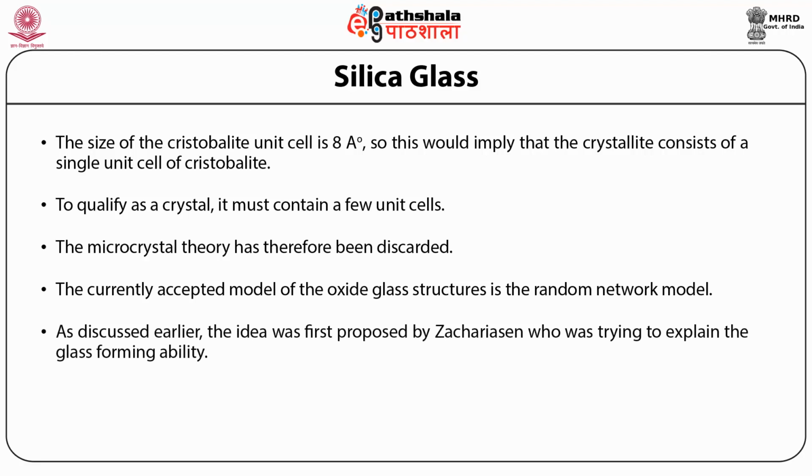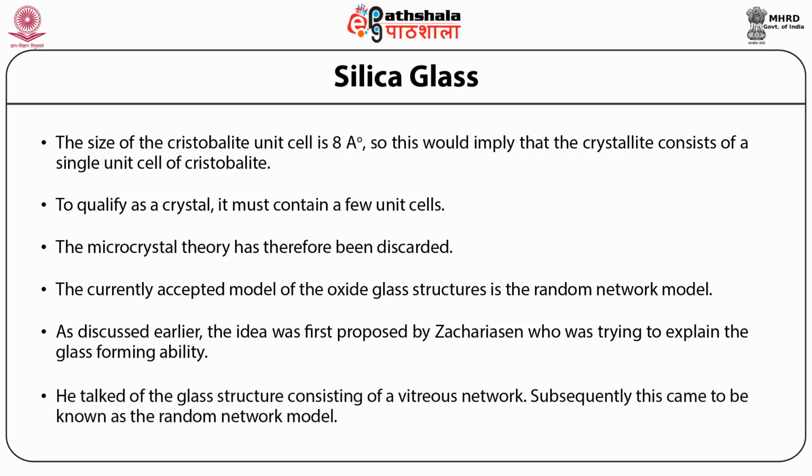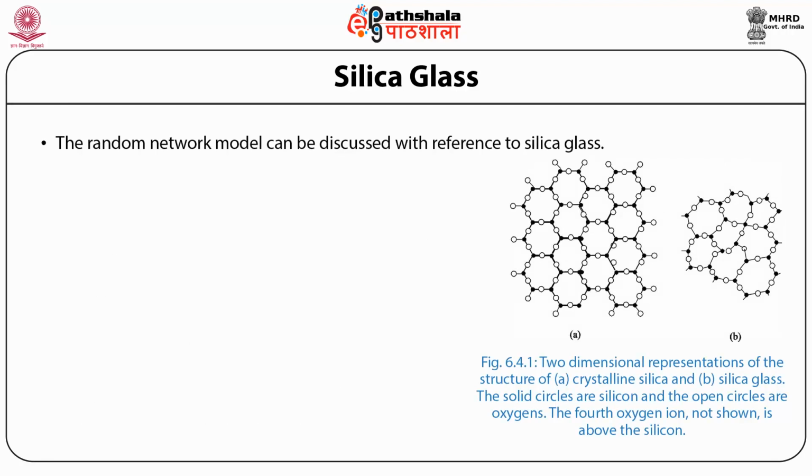As we have discussed in the previous module, the idea was first proposed by Zachariasen, who was trying to explain the glass forming ability. He talked of the glass structure consisting of a vitreous network. Subsequently, this came to be known as the random network model. The random network model can be discussed with reference to the silica glass.